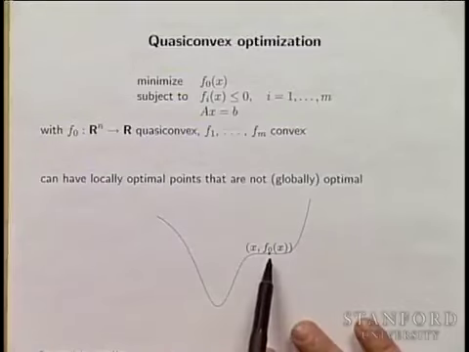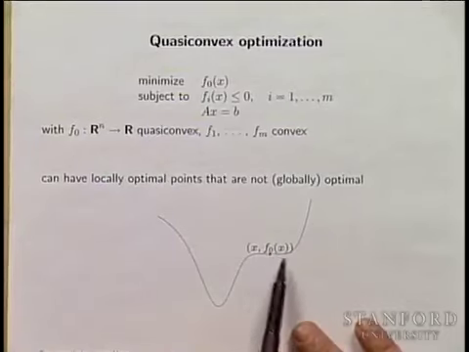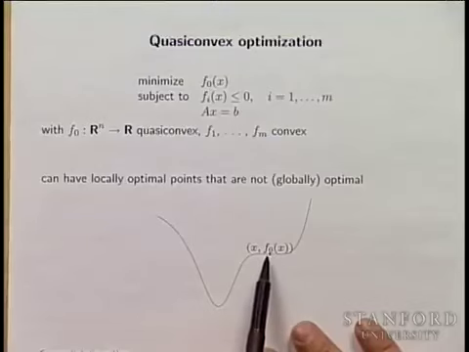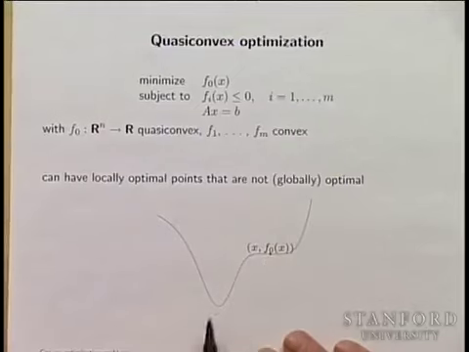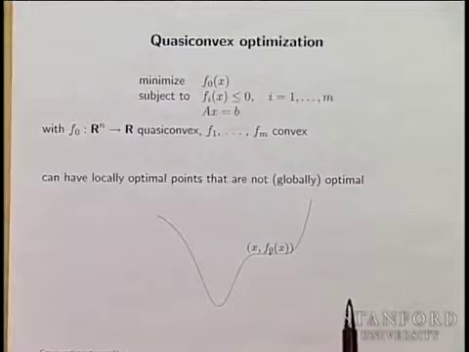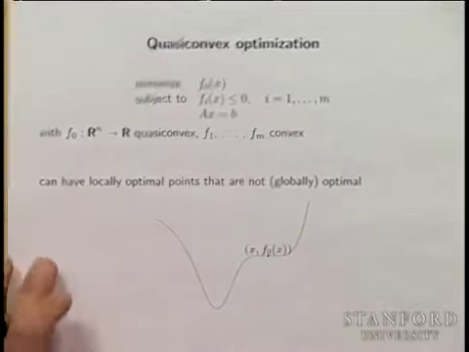Here's a perfect example. I'm making it exactly flat here. That's a locally optimal point, no doubt about it, and it is obviously not the global optimum. And that's a perfectly valid quasi-convex function. So a lot of things are different now. But here's how you solve them with total effectiveness.